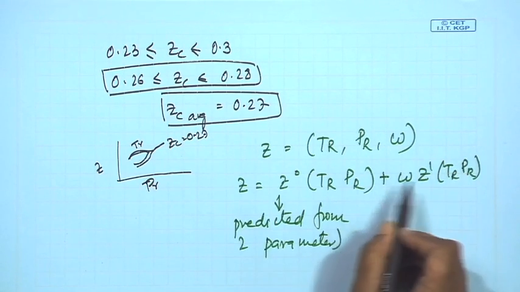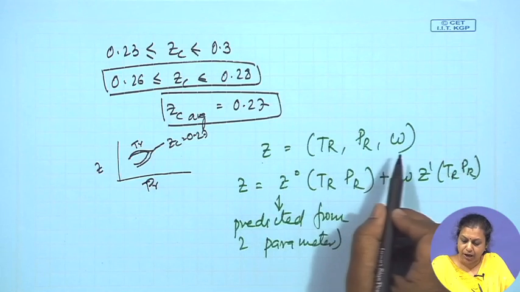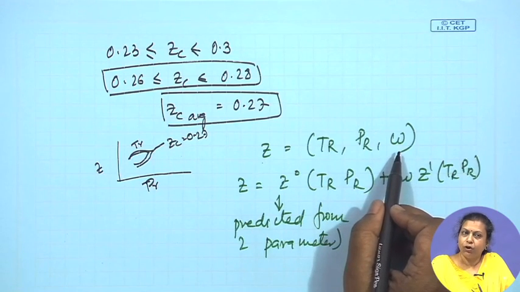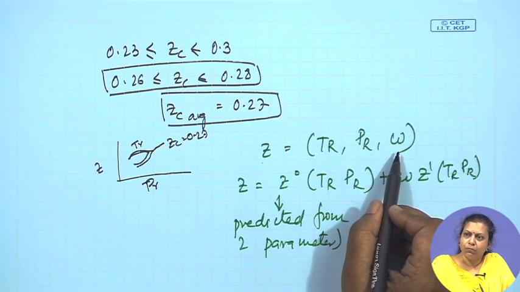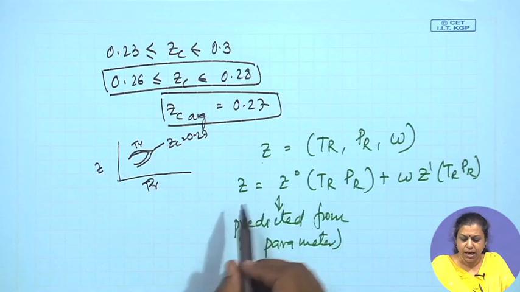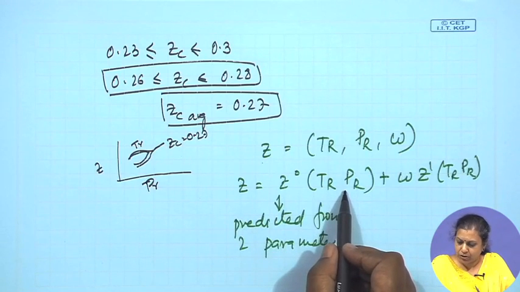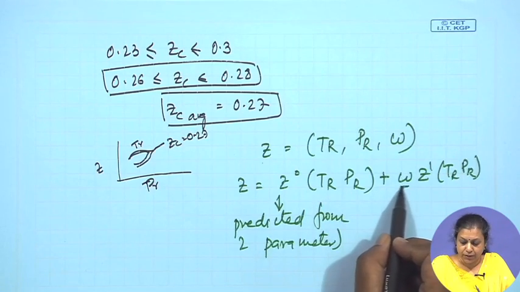This is the functional form relating Z with TR, PR, omega, which gives you that for normal circumstances, far removed from the critical conditions and the saturation curves, for more or less not very polar molecules, Z can be obtained from the 2 parameter law of corresponding states. When there is some deviation, then we need to find out omega.